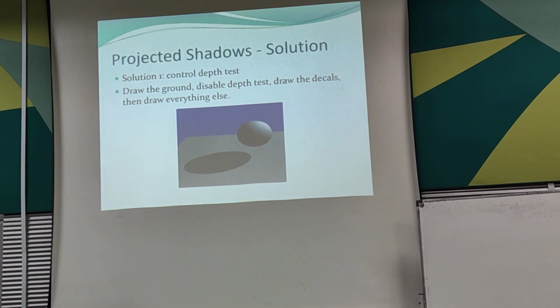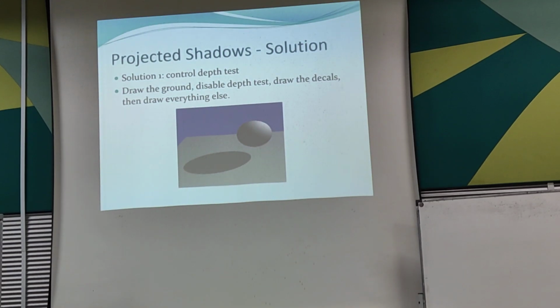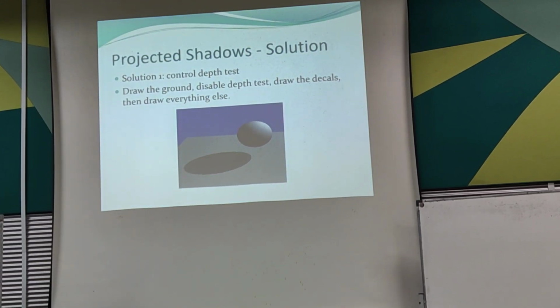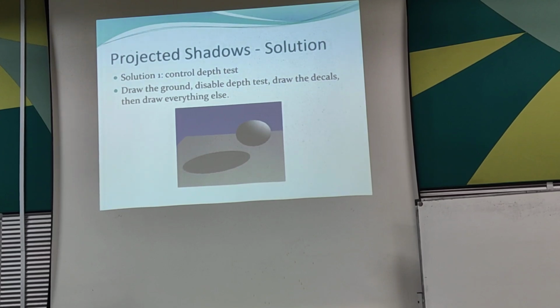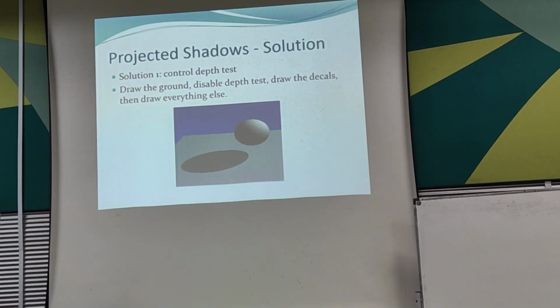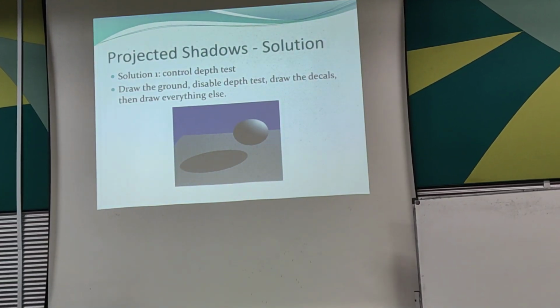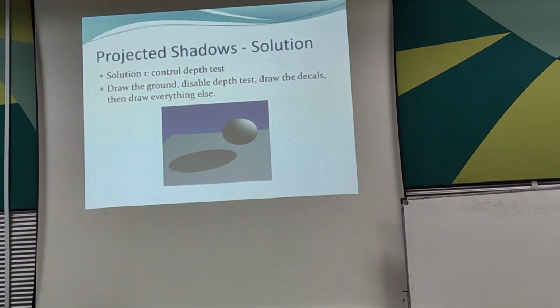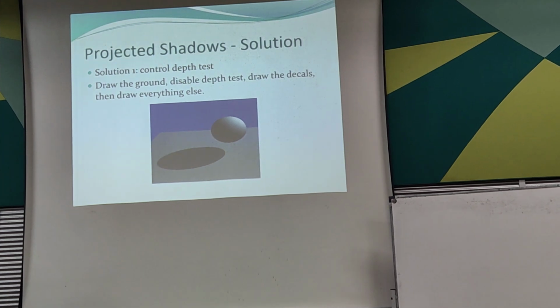Be careful because the rest of the things are still in 3D, you need the depth test. So after you disable the ground depth test, for the rest of the things you have to enable your depth test back. Now you will see the see-through thing, the back surface is still drawn. This is solution 1.